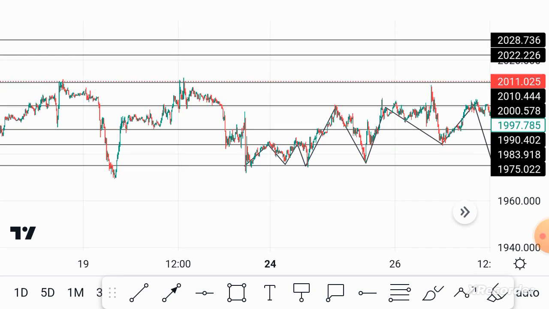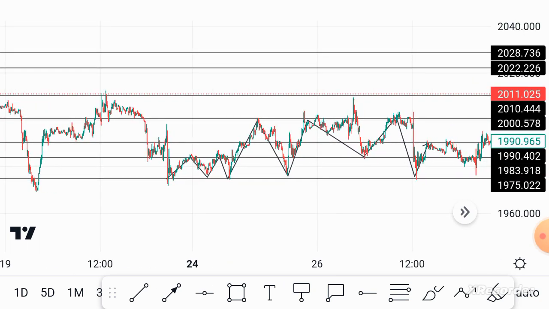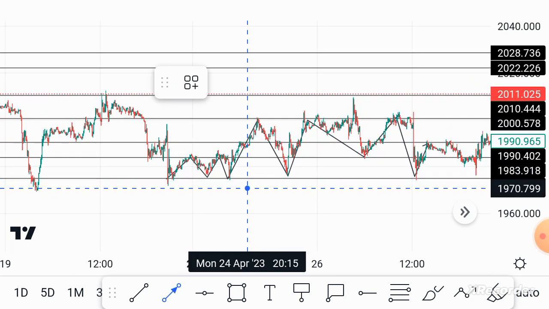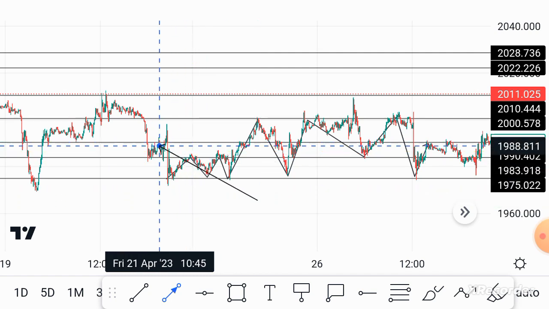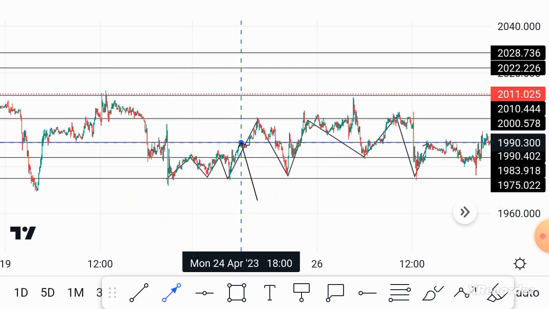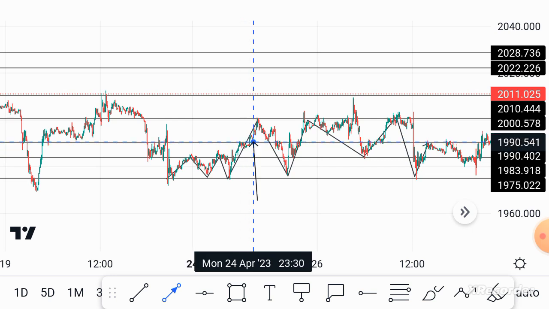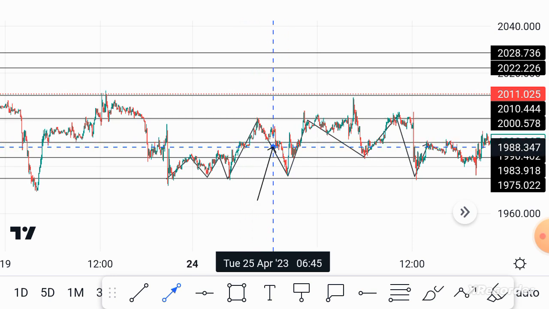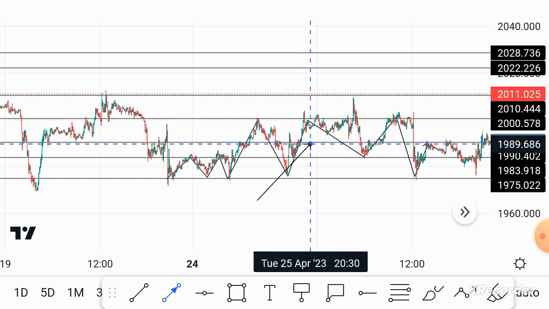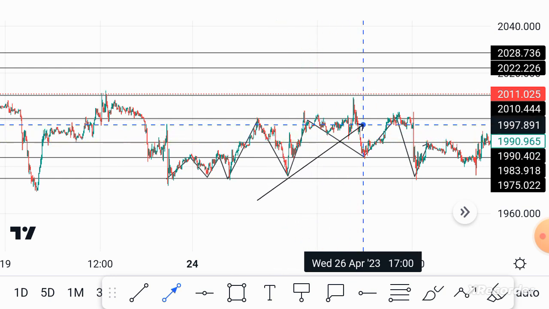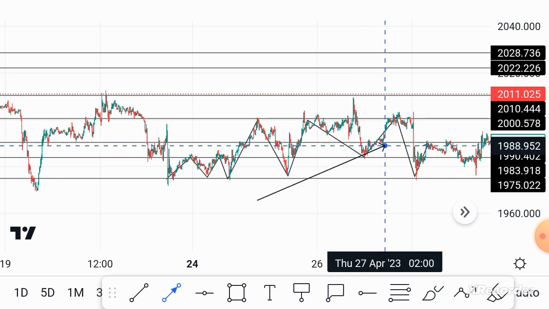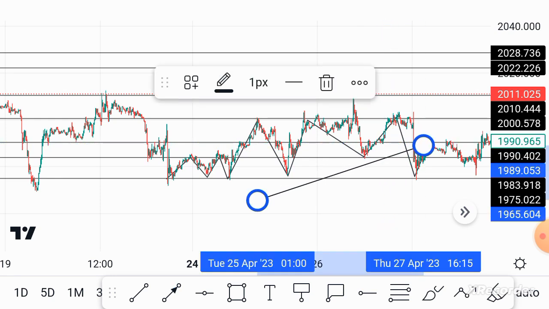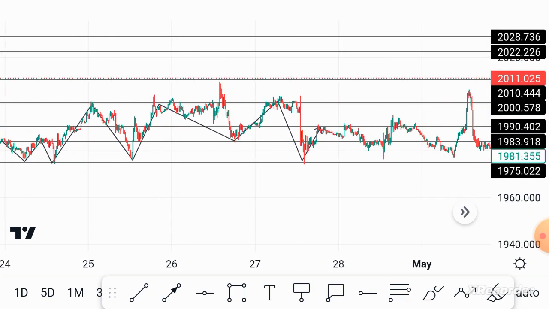Now if you look at it, price respected the point here, it respected the point here too, it respected the point here, it respected here, right? We had a minor price reaction here too, here too, here also there was a pullback here, price reacted here. Sorry, I think what I'm using is actually distracting.